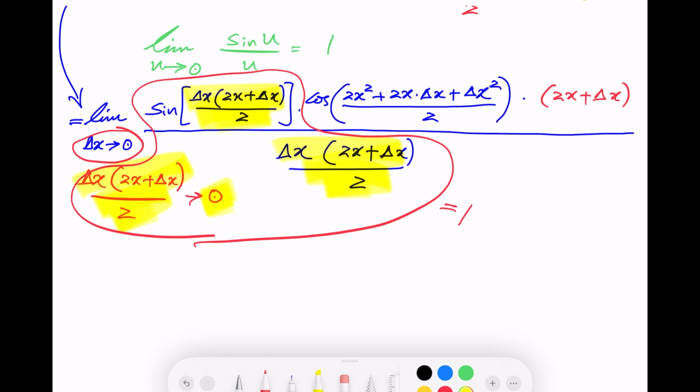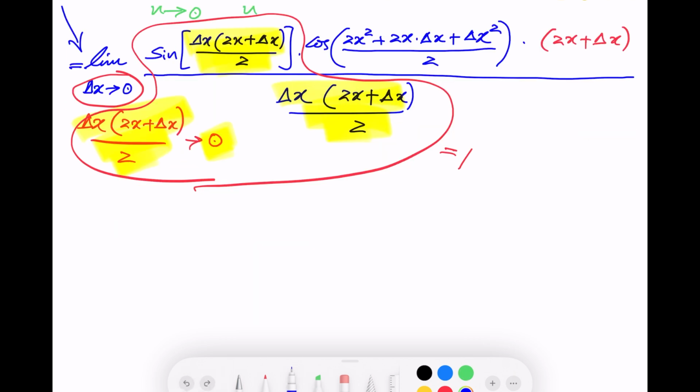That means for the rest of this function, I can do the direct substitution of delta x equals 0. When I do that, this limit problem now becomes equal to, we have cosine all of this part, and I'm going to put 0 for delta x in that part. Then it will be just cosine 2x squared over 2, because this term is going to be 0. This term is also going to be 0.